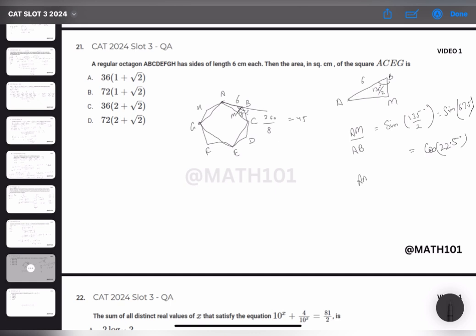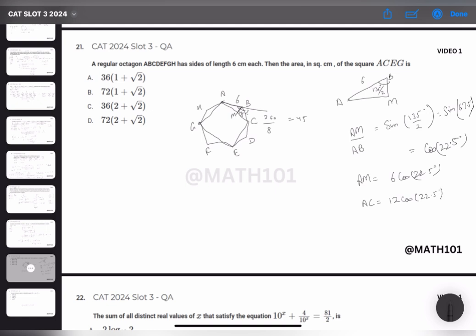So AM equals 6 cos 22.5 degrees. AC equals 2 AM equals 12 cos 22.5 degrees.